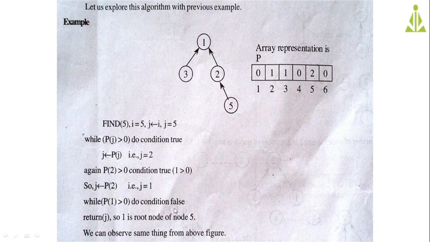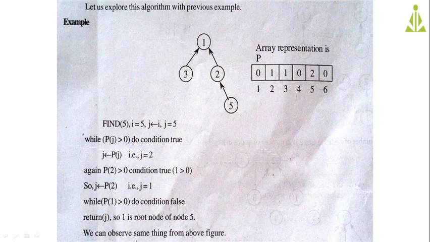When the condition is false, whatever value is present in j will be returned. In the previous step we had j equal to 1. So return j: 1 is the root node of node 5.